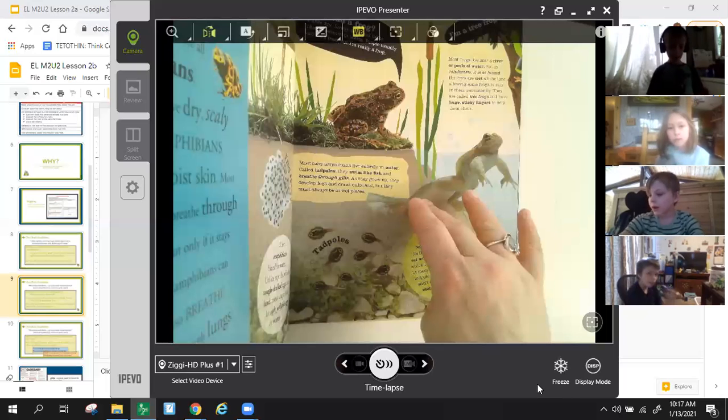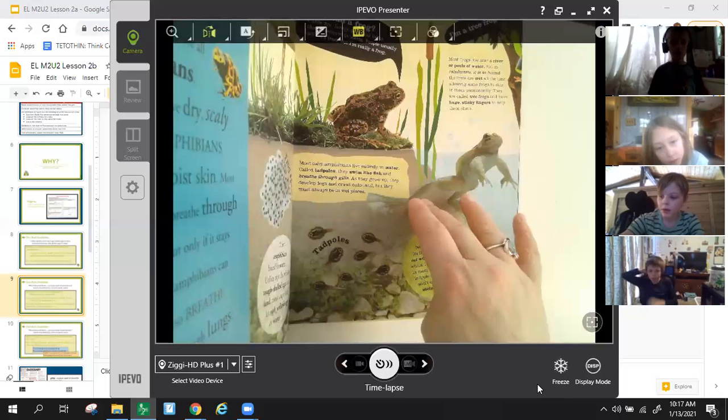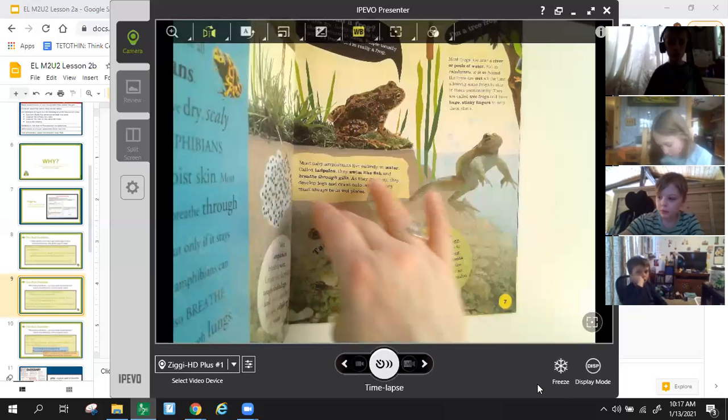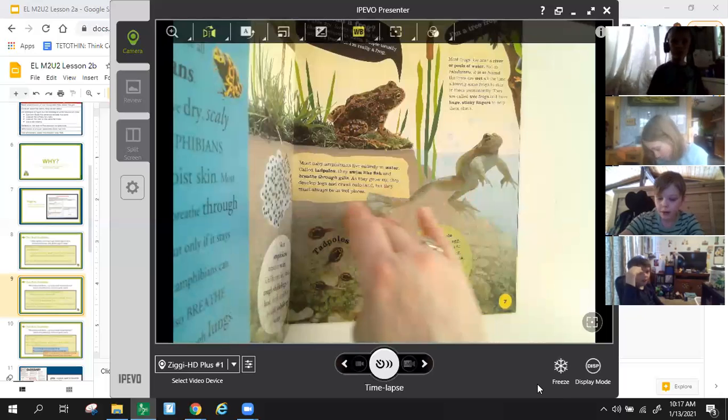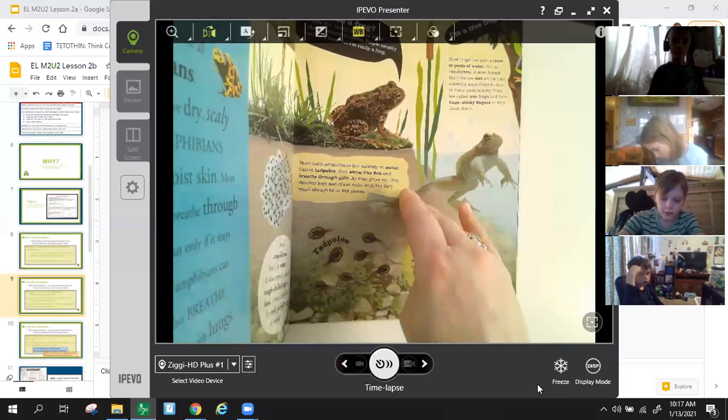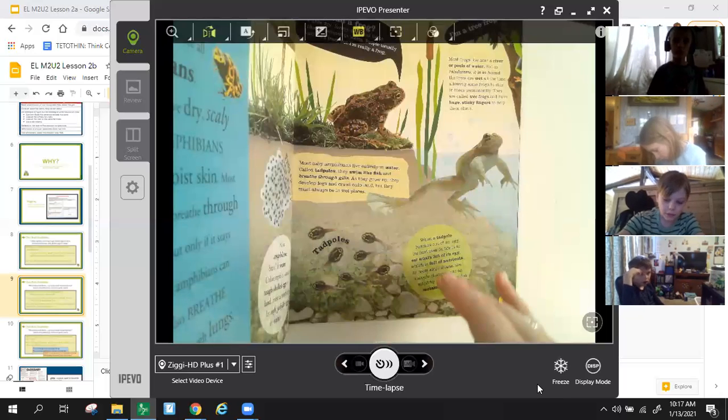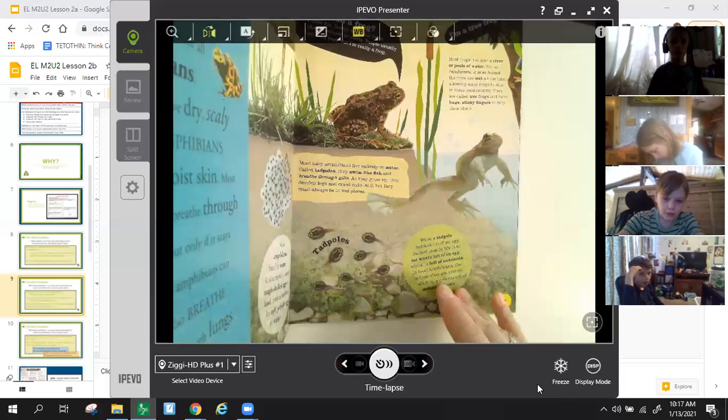Tadpoles, right? Most baby amphibians and how they breathe, how they live in the water. All right. And then what is this next paragraph mostly about?